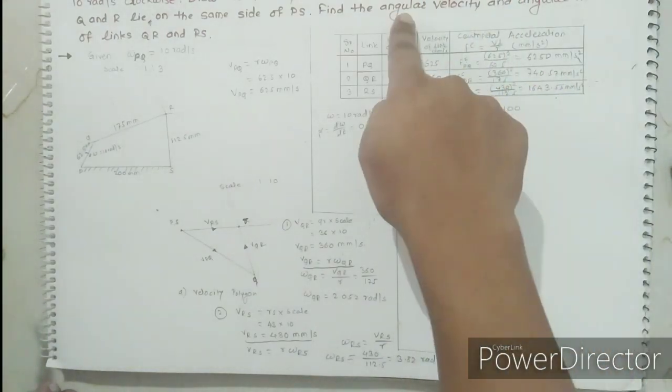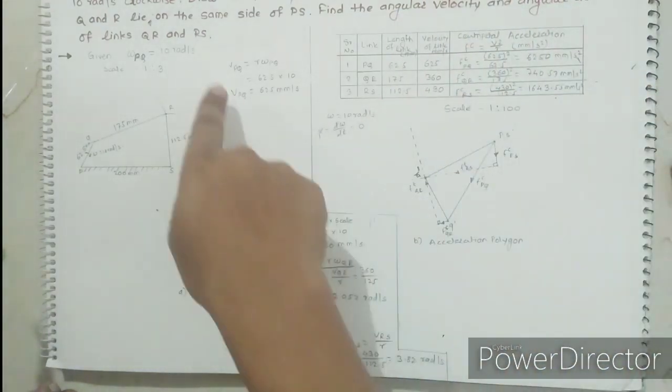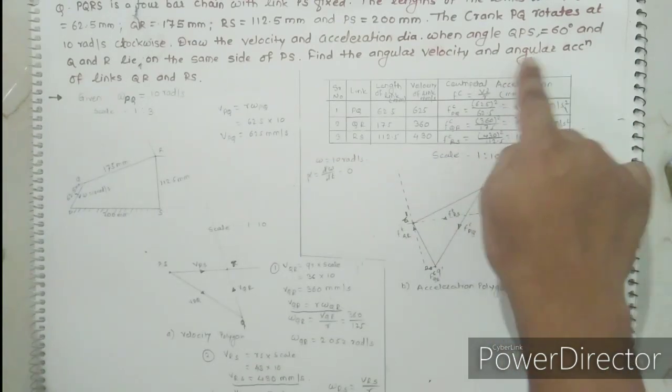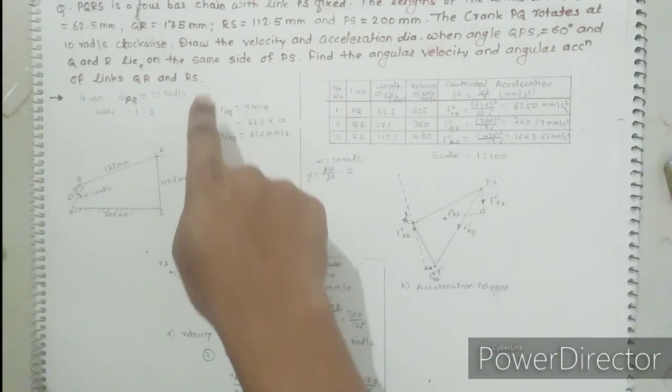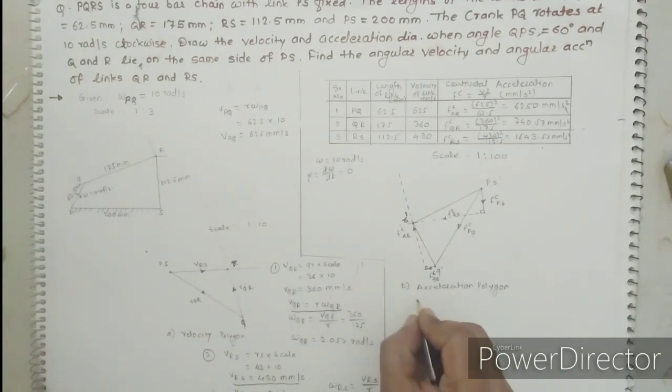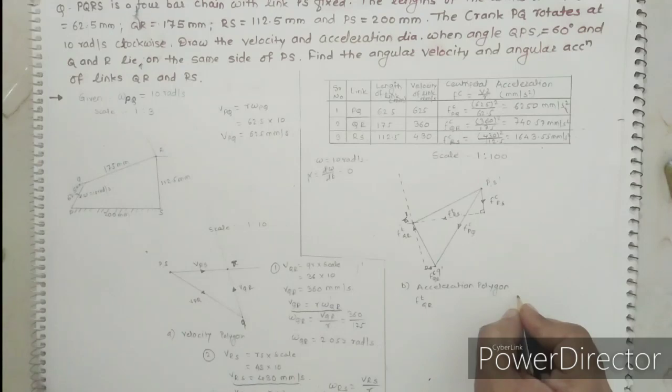Now we have to calculate the angular acceleration of links QR and RS. For that we have to calculate FTQR and FTRS.